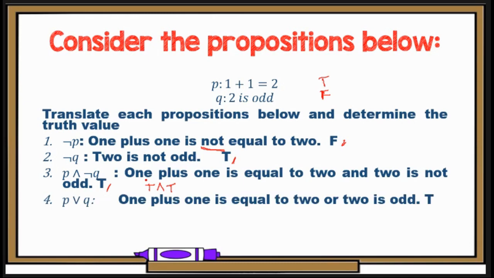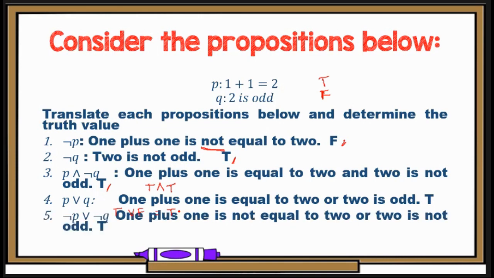Next, we have the disjunction, P or Q. 1 plus 1 is equal to 2, or 2 is odd. According to our disjunction, if one of the propositions is true, then the compound proposition is also true. What is the truth value of P? True. What is the truth value of Q? It is false. So, true or false is still true. Okay? I hope that was clear.